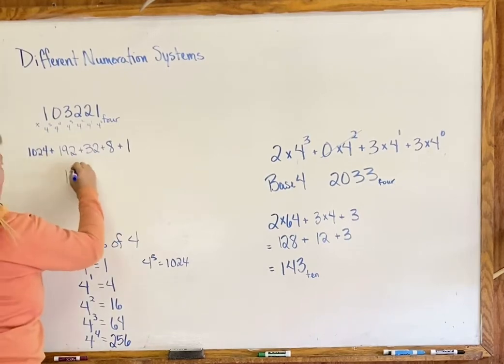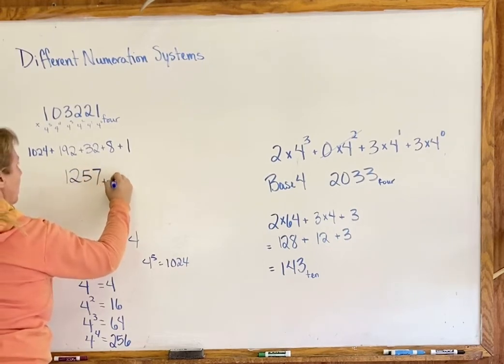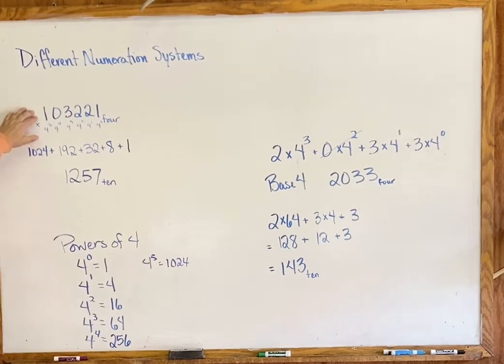So in base 4, it was 103221. But in our regular base 10, this is 1,257. So that's the same number represented in two separate bases, 10 or 4.